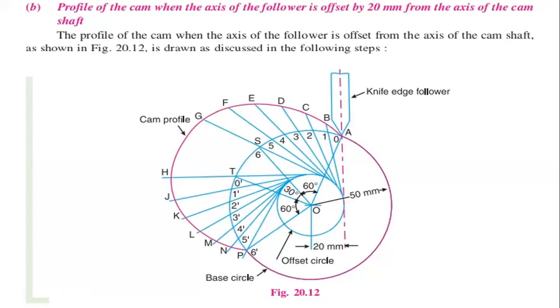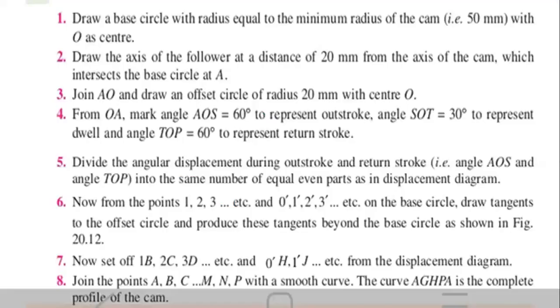So marking the distance as 20 mm. So this is the procedure for drawing the offset follower of the cam.